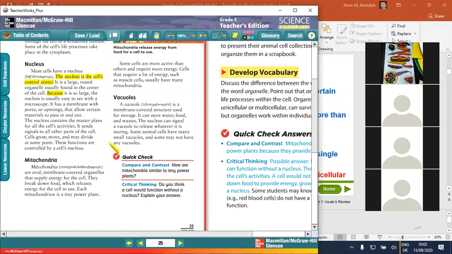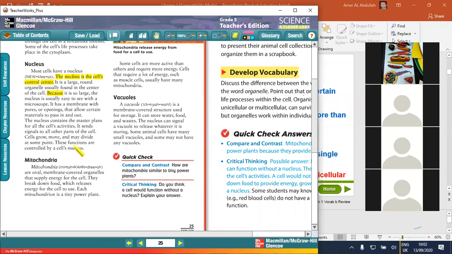Can we see it with our eyes? No. We need a microscope, like the hand lens. We will see the difference between the two later.